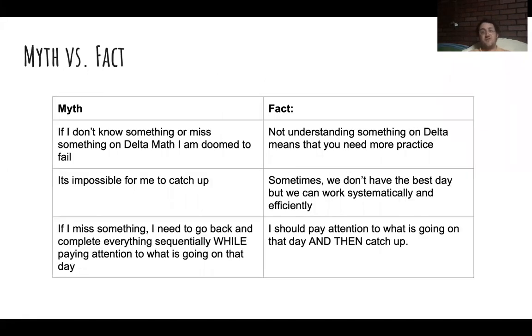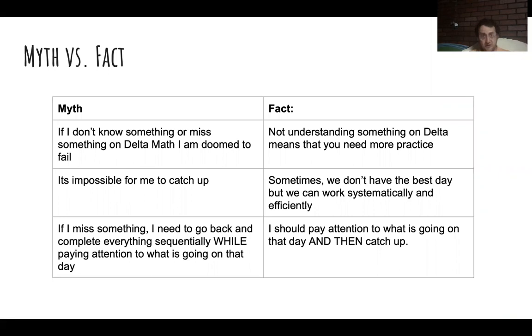So let's settle a few myths versus facts. The myth column has a lot of misconceptions that people have who fall behind in math classes. It's a myth that if you don't know something or miss something on Delta Math that you're doomed to fail.